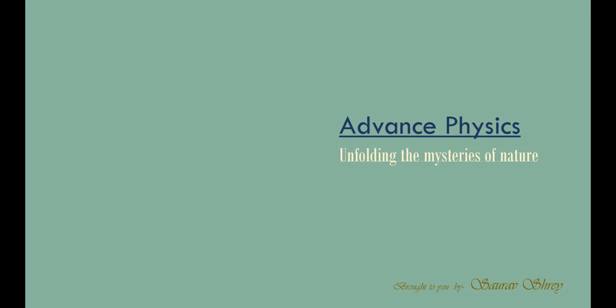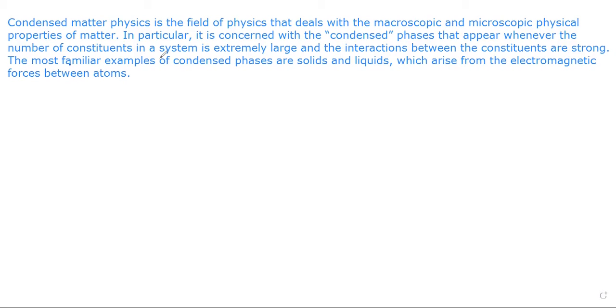So if we search the definition of condensed matter physics on Google, then the definition we find is something similar to this. Condensed matter physics is the field of physics that deals with the macroscopic and microscopic physical properties of matter.